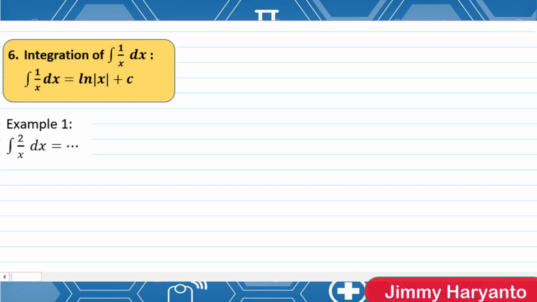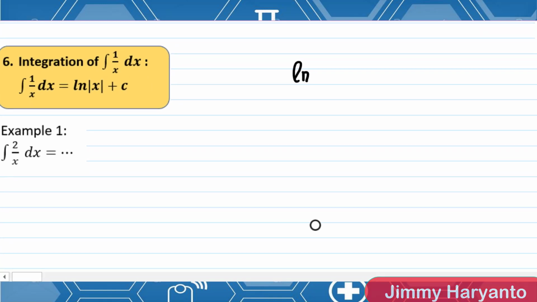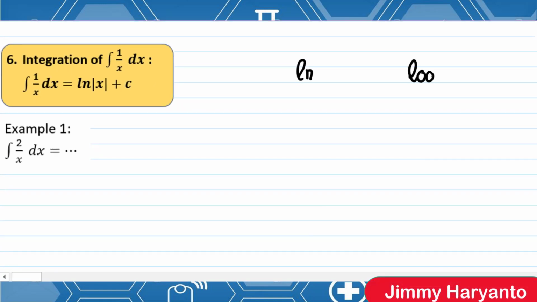And then the next is integration of 1 over x. For 1 over x, it will be ln x plus c. So what is ln? In 10th grade, you already learned about logarithm. Logarithm has a base. Log 2 is logarithm with base 2, and log 3 is logarithm with base 3.